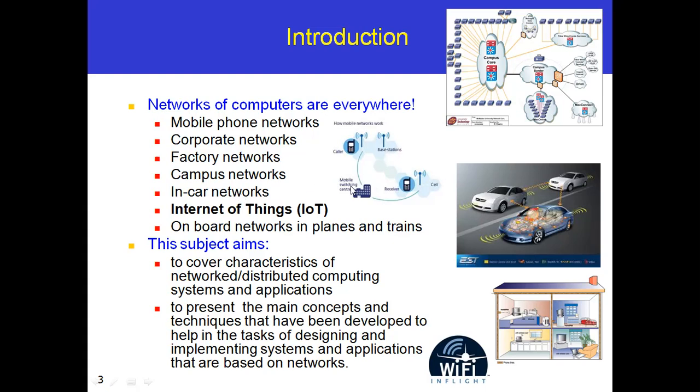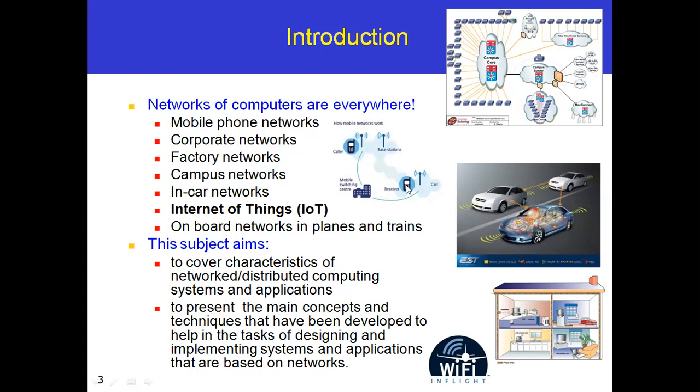See the example of mobile networks. This is the caller and this is the receiver. In between the caller and receiver, you might be well aware of the calling station and receiving station in mobile computing.